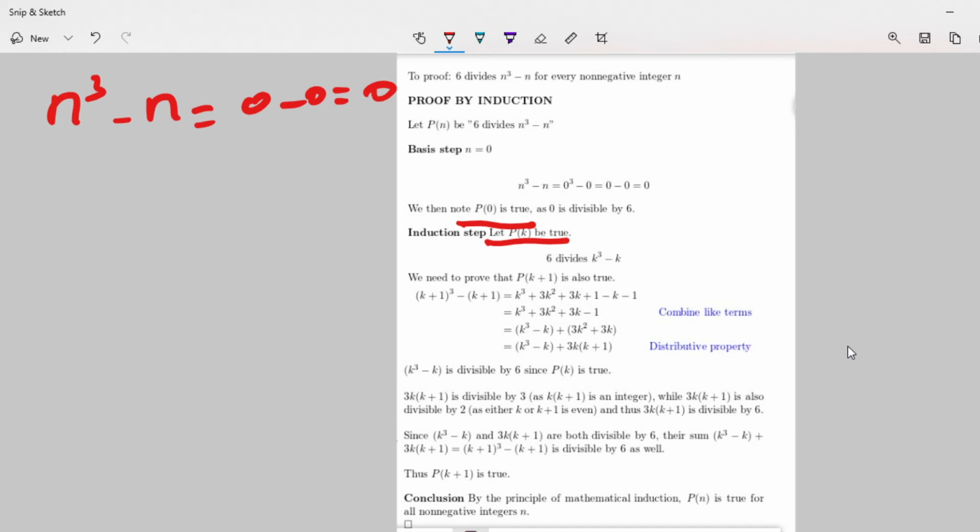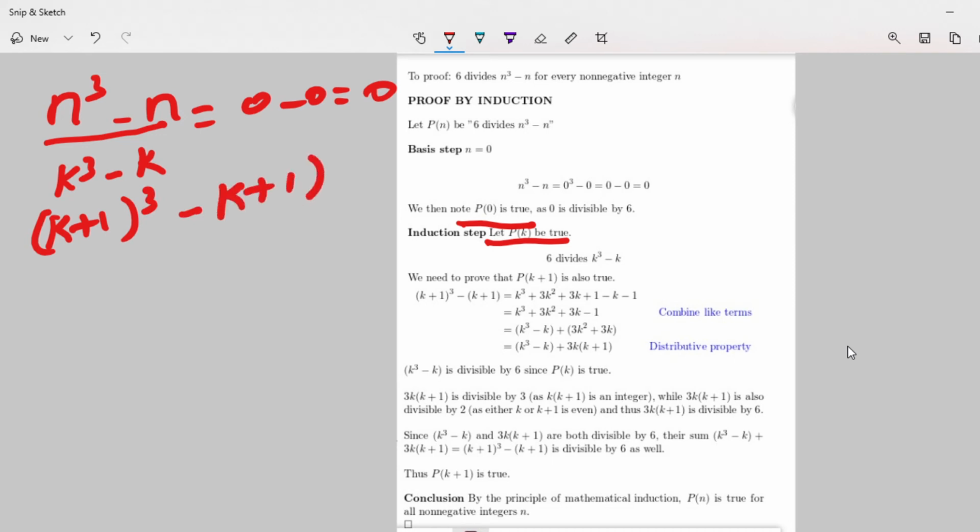Then we write this notation as k cube minus k. So in addition, we need to prove that P of k plus 1 is also true. Okay, so we are going to write k plus 1 in the form of k cube minus k. So in place of k, we are going to write k plus 1 the whole cube minus k plus 1. So what is the formula for a plus b the whole cube?